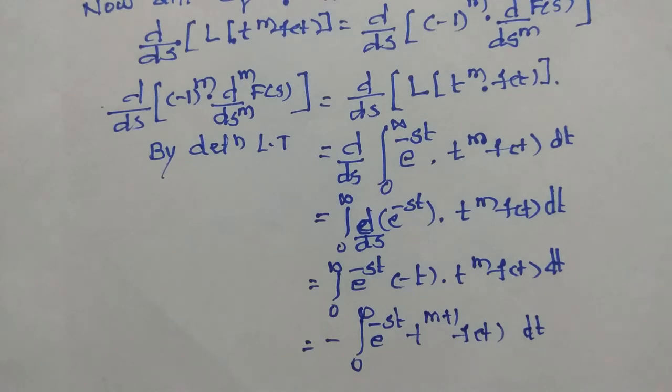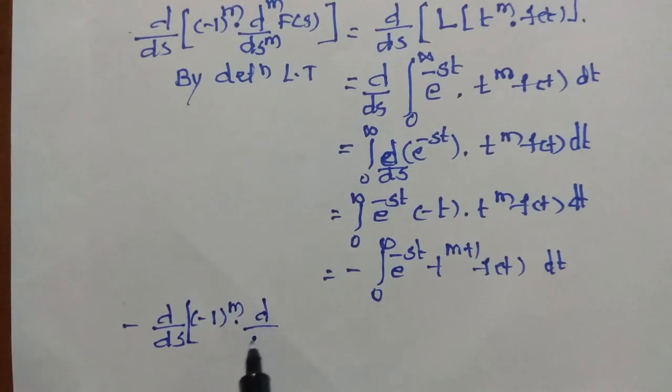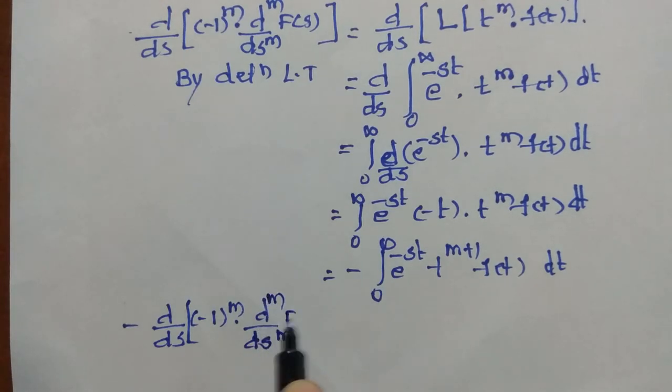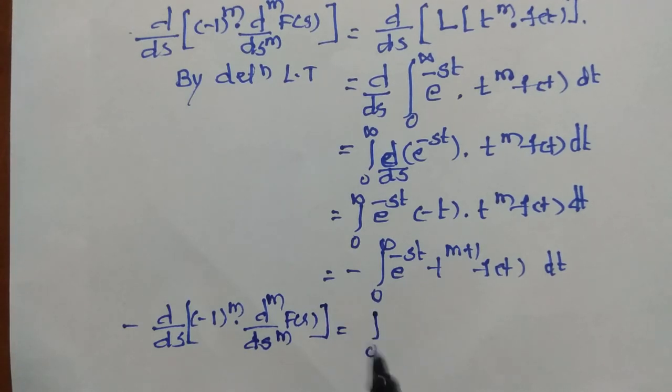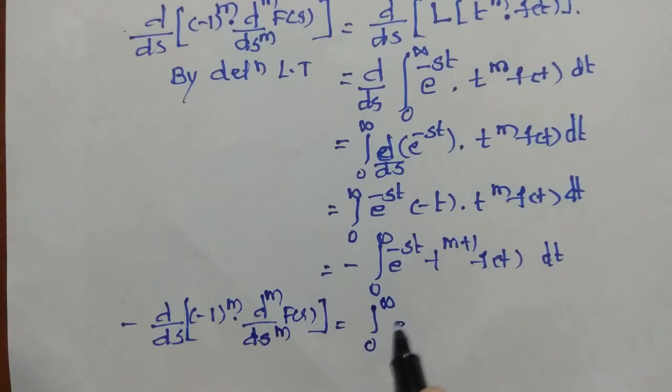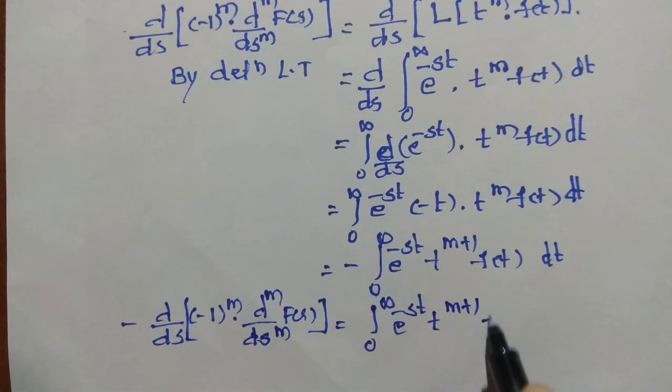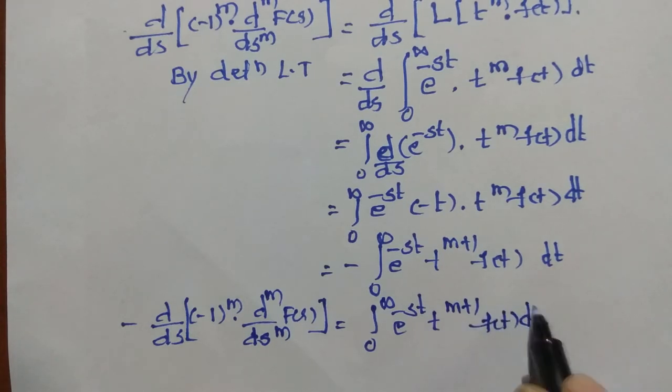Now take the minus sign to the left hand side and write it as d by ds of minus 1 raised to m into the mth derivative of the function f of s is equal to the integral from 0 to infinity of e raised to minus st t raised to m plus 1 into f of t with respect to t.